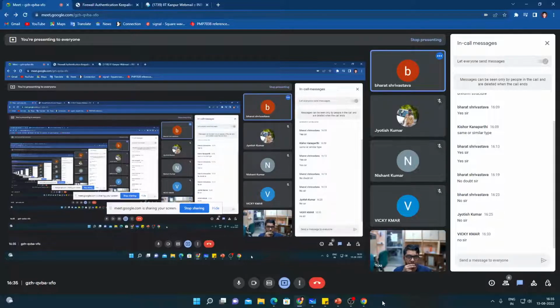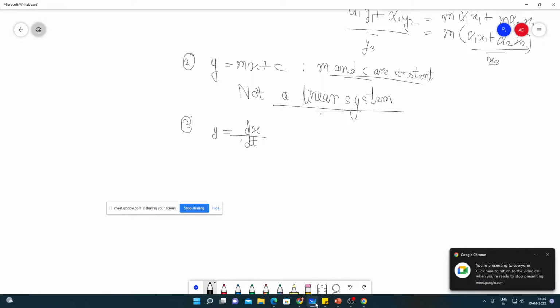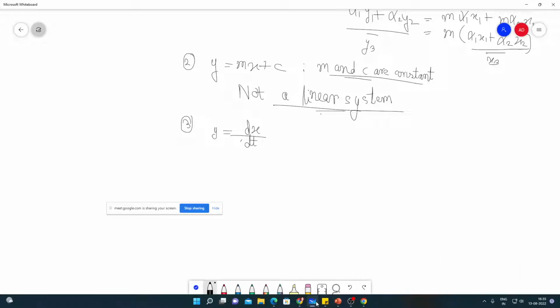Bharat, go ahead. Sir, if we multiply the input with the same quantity A and take the differential, because output will be the differential of the input. So let's multiply A with the input and take the derivative of Ax. What is the derivative?